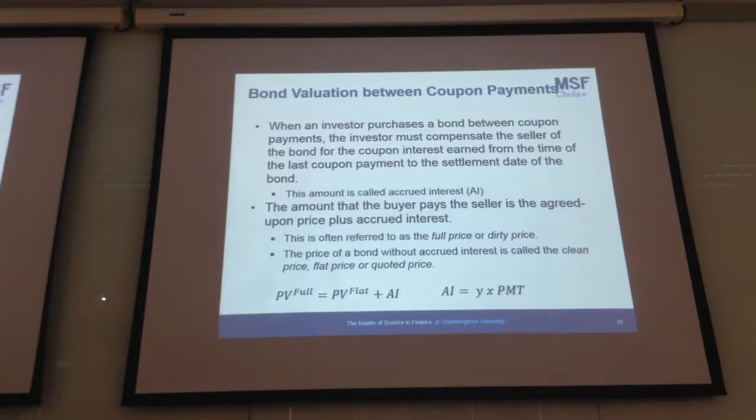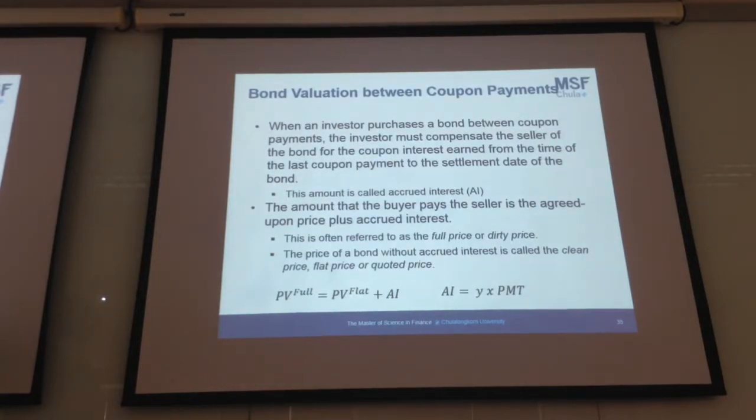The new buyer will get the coupon payment in the next period, right? So in order to share this coupon, it depends on how long the seller has held the bond.